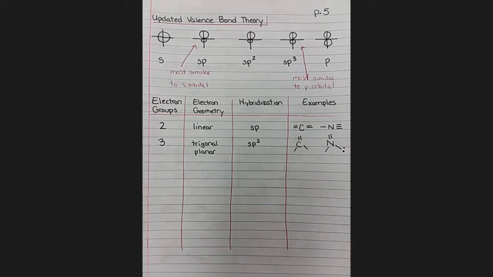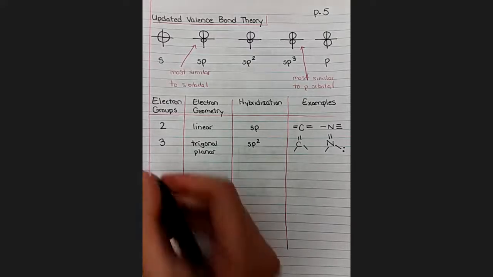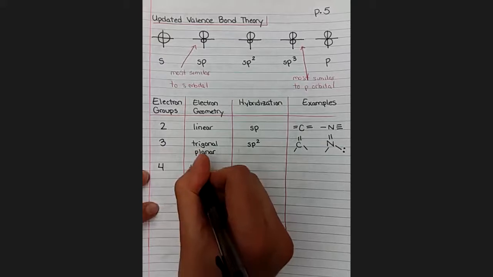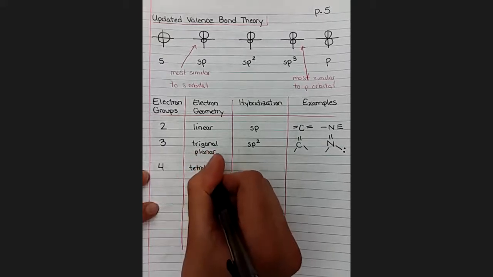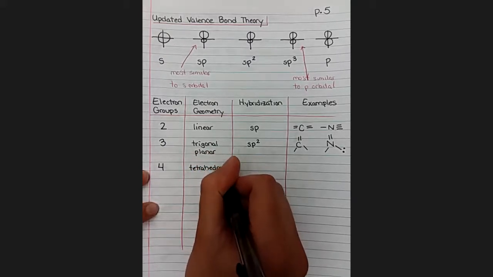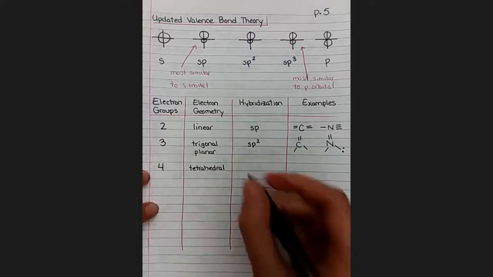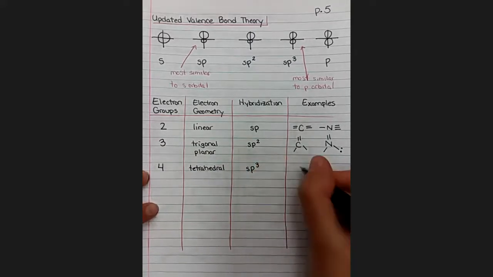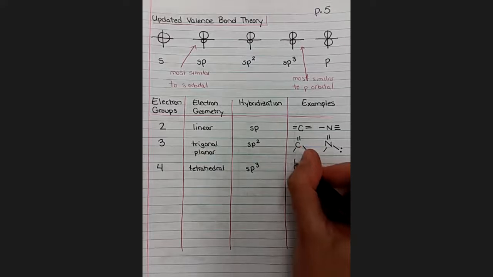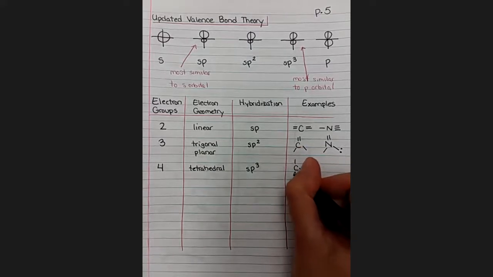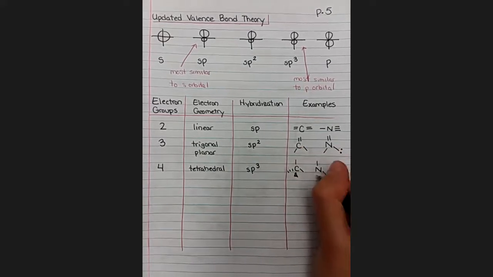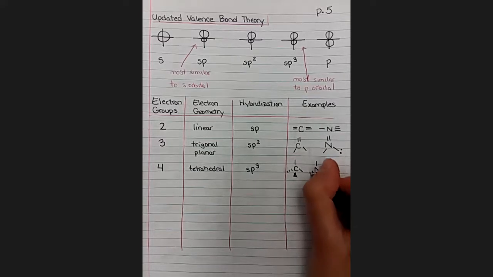If it's nitrogen, usually 2 of these are atoms and 1 is a lone pair. If we have 4 electron groups, the electron geometry is called tetrahedral. We mix 4 atomic orbitals together to get sp3 hybrid orbitals. And so we might see a carbon, a nitrogen, or an oxygen with 4 electron groups.